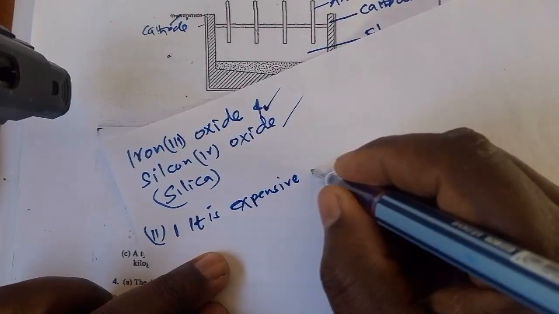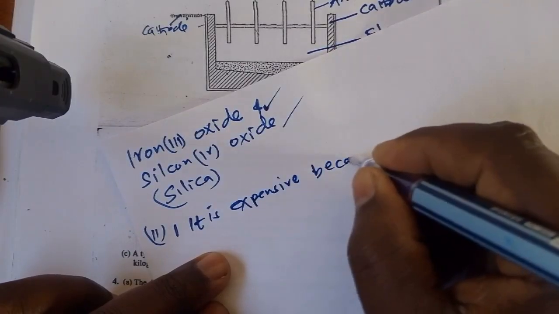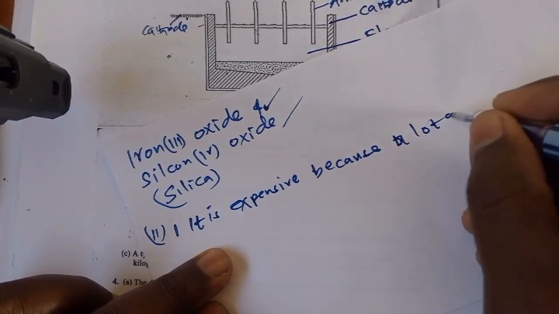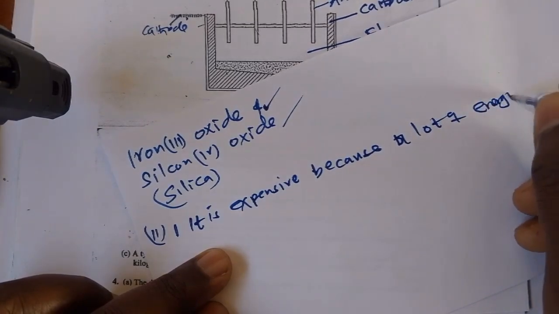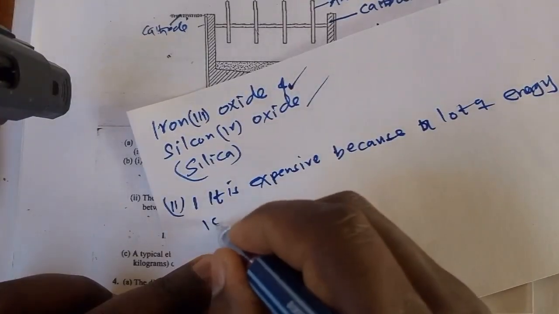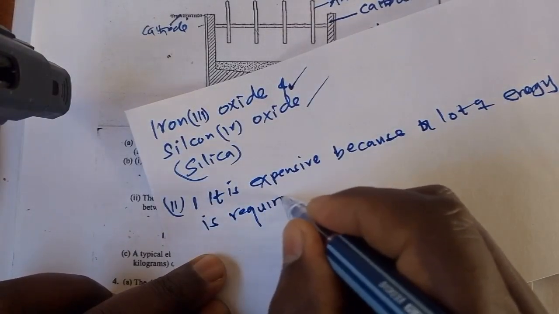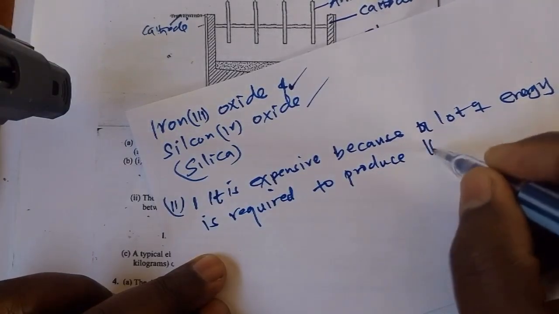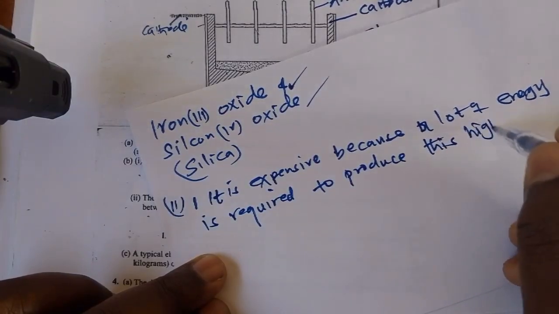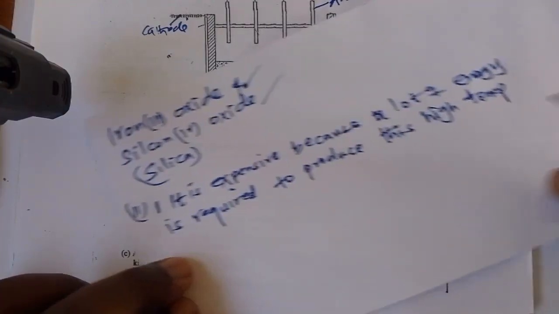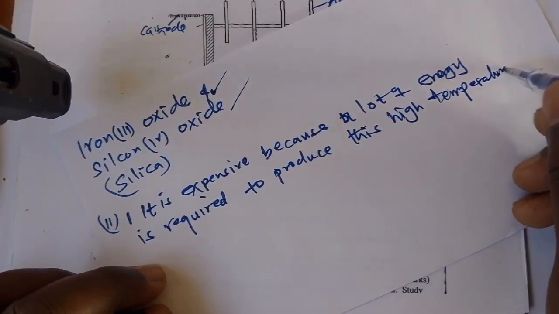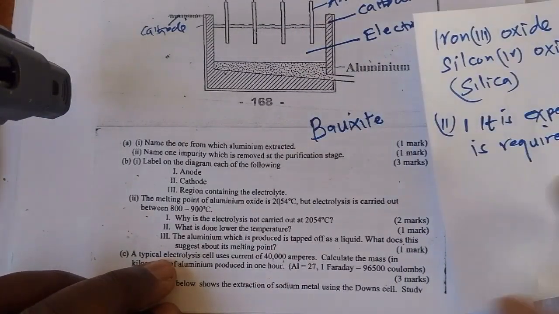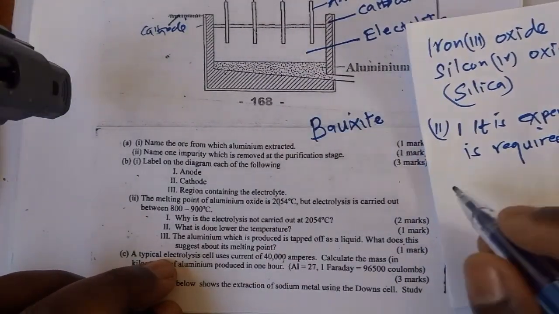It is expensive, because a lot of energy is required to produce this high temperature. Therefore it is going to be cost ineffective. The profits are going to be lower.